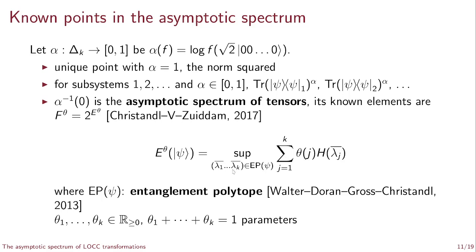And then for each of these marginals, we can compute the entropy and take a certain convex combination of these entropies, and then take the largest possible value that we can get from the entanglement polytope. And that also gives elements in the asymptotic spectrum of tensors, which is a subset of the asymptotic spectrum of LOCC transformations that we care about now.